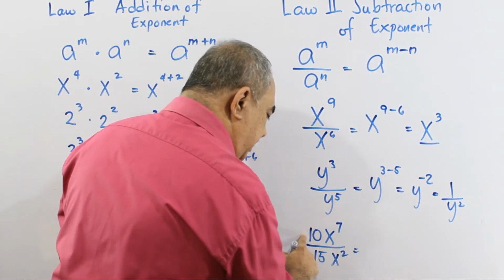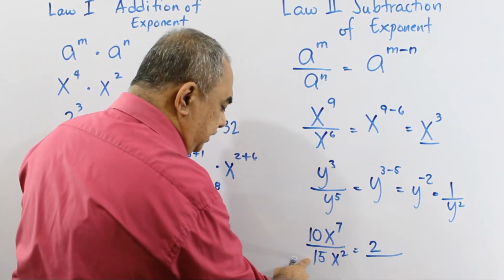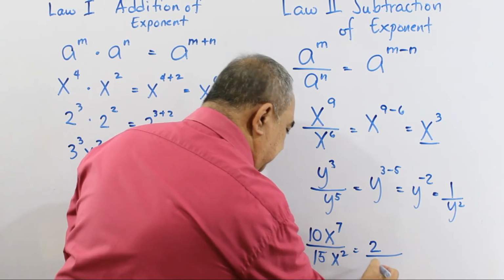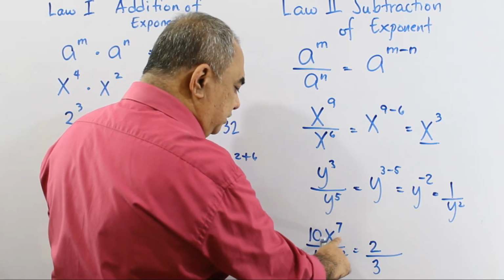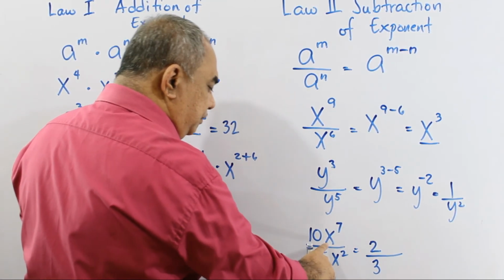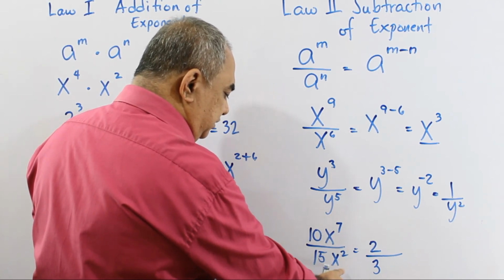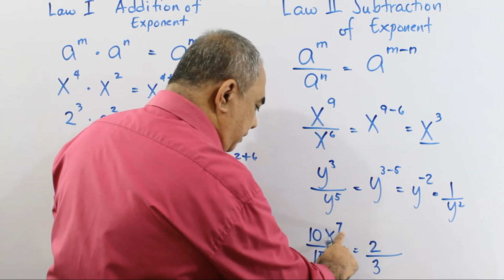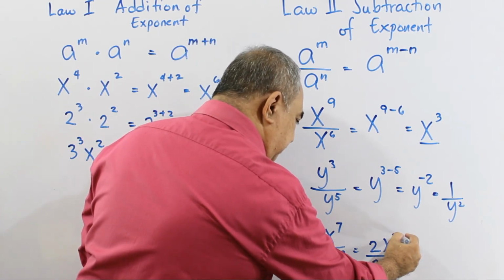So let's do it. 10 divided by 5 will give you 2 all over 15 divided by 5 will give you 3. Then after that, we work on the variables. So we have the numerator is x to the 7, which is greater than the denominator. So we will know that your variable here will be in the numerator and not the denominator. So 7 minus 2 will give you x to the fifth.